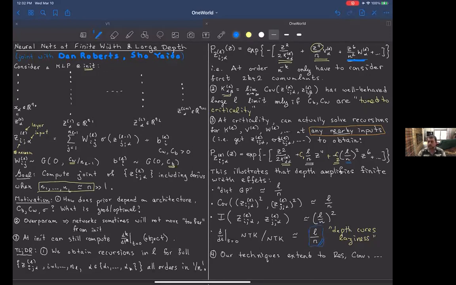If you want to learn features, you need at least some amount of L over N to be able to do that, at least if you use this kind of standard initialization. Otherwise, you run into propagation of chaos type things. So at least conjecturally, this suggests that L over N small but finite is a reasonable regime. At least that's a point of view that one could study.